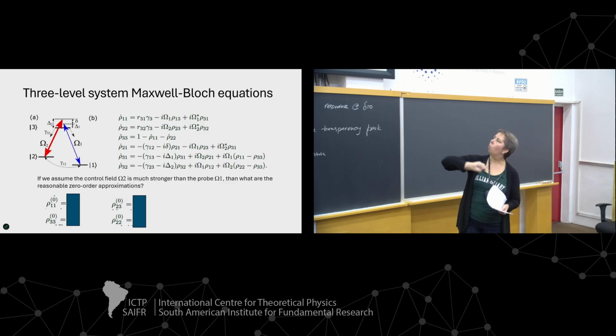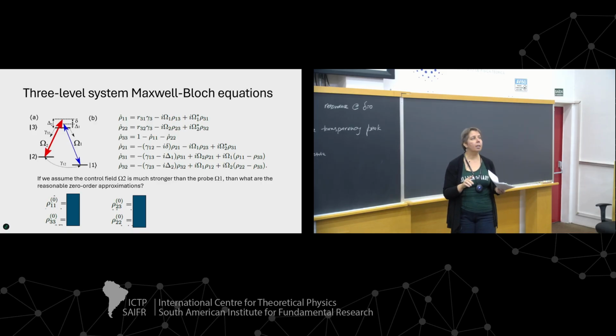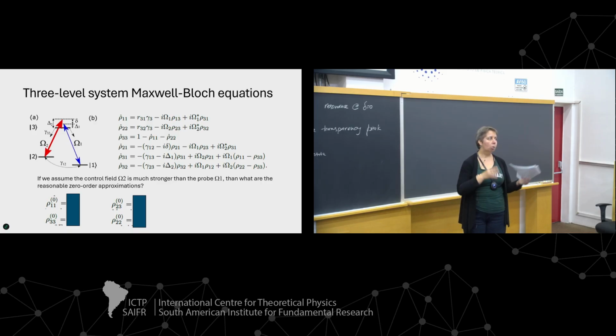And what is the coherence on the control field transition? I think it's an excellent exercise to talk to someone next to you. What do you think the answers are, for a zero-order approximation where omega 1, the probe field Rabi frequency, is a small parameter compared to omega 2, the control? So discuss.